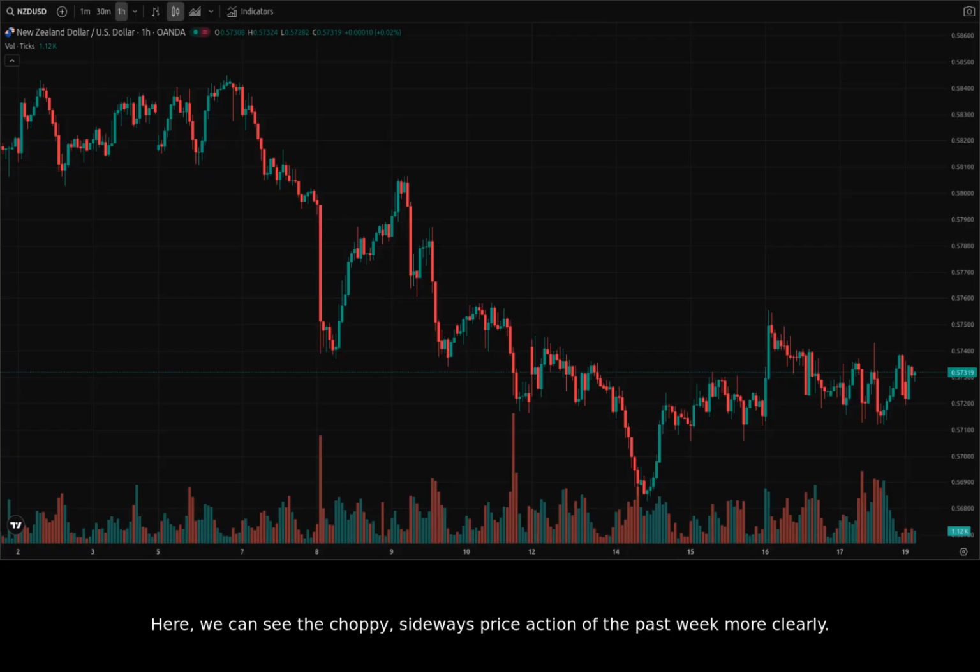Here, we can see the choppy, sideways price action of the past week more clearly. The price is effectively trapped in a range, roughly between the support at 0.5710 and resistance around 0.5750. This pattern looks very much like a bear flag or a bearish consolidation. After a sharp drop, it's common for price to move sideways as sellers take profit and new sellers enter the market.